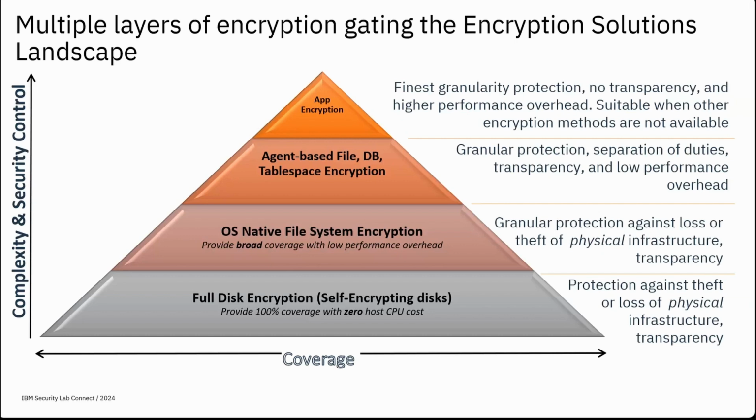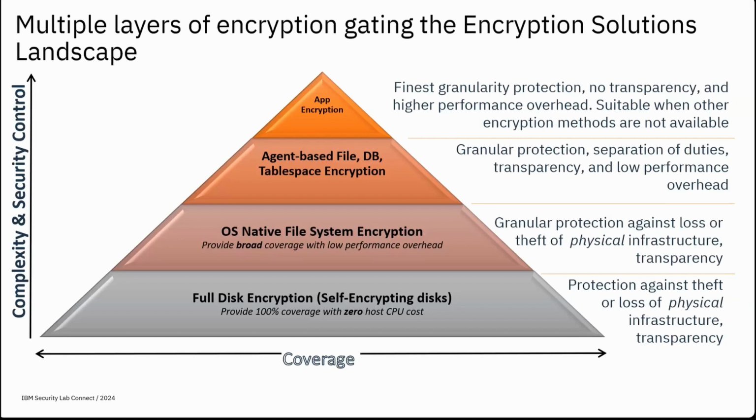The next level is the file system level encryption, where you have a little more granular protection against loss. You could encrypt one particular file, or it could be an entire file system that you could be encrypting. As we go up, you have databases and table spaces, where the data at that level is encrypted at the database level, or it could also be at a row level or a column level, where you encrypt the data inside the databases.